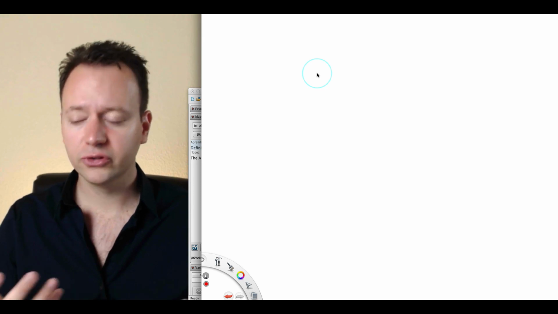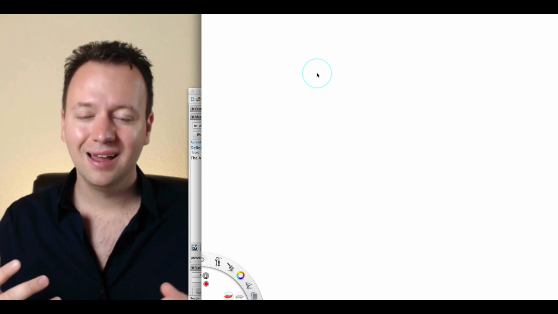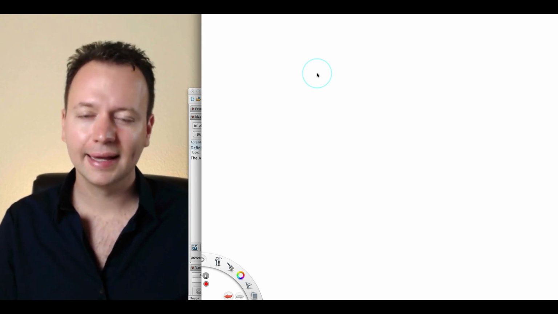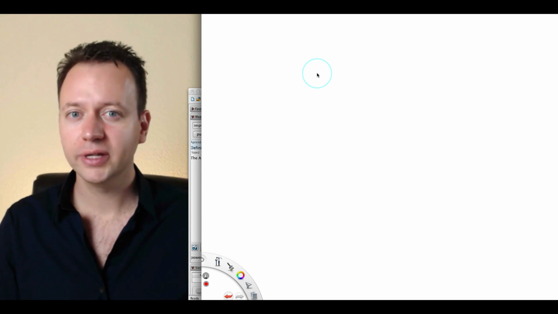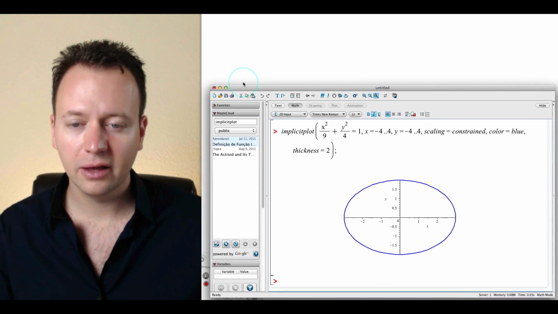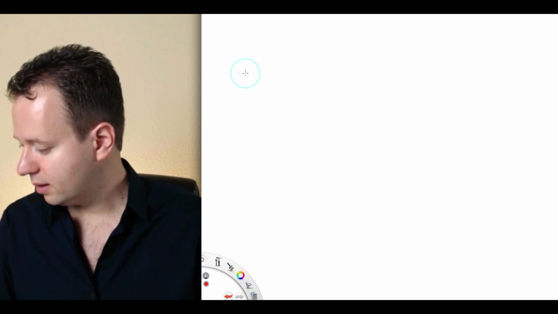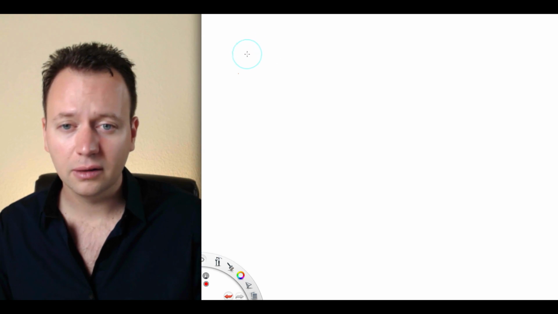Now, aside from circles and ellipses, there are plenty of more exotic graphs you can produce using implicit functions. In fact, if you have a graphing calculator with an implicit function mode, you can play around with this and explore these sorts of functions on your own. The next one is a family of implicit functions.